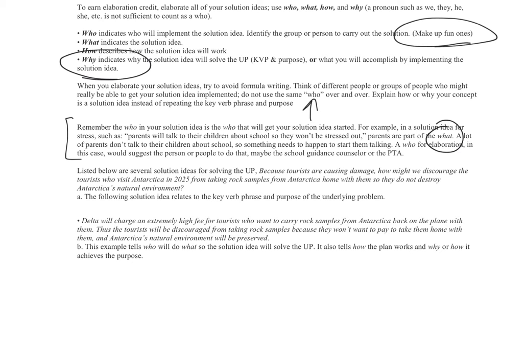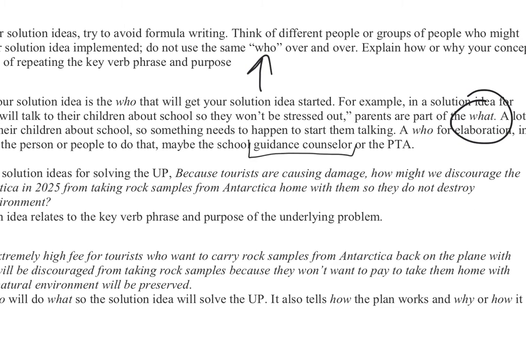So the who in this case could be someone who's telling the parents to talk with their kids. So you could say, hey, the guidance counselors at school sent out a public service announcement to all parents saying, parents, talk to your students about school and how to navigate the stresses, and then that would reduce stress in school.